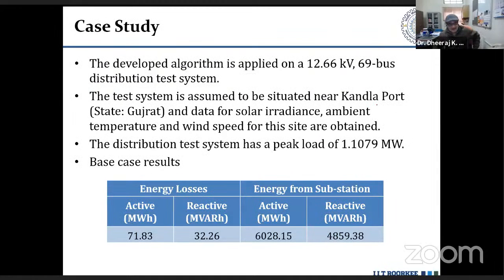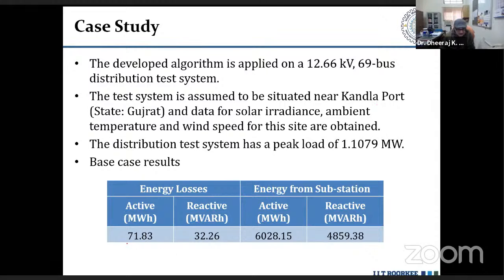Now again, we performed this on a 69 bus distribution network, and here we need the data regarding solar radiation, ambient temperature and wind speed. For that purpose, the station at Kandla port of Gujarat is selected, and these are the base case results.